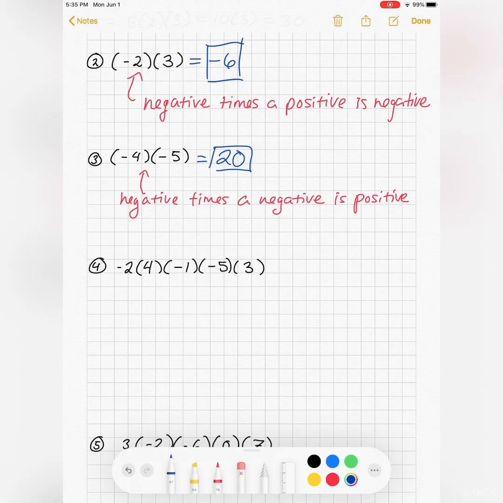Okay, so here if I have several factors, I'm just going to work from left to right. Okay, so let's see, what was the rule? So a negative times a positive is negative. So that's negative 8. Carry the rest of this down.